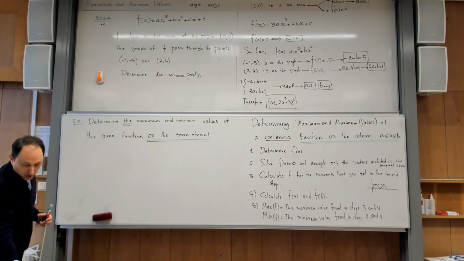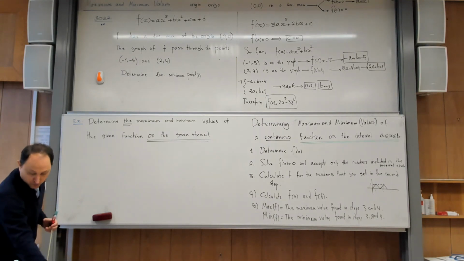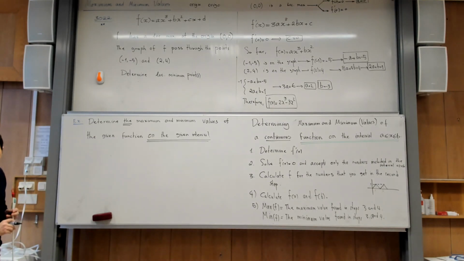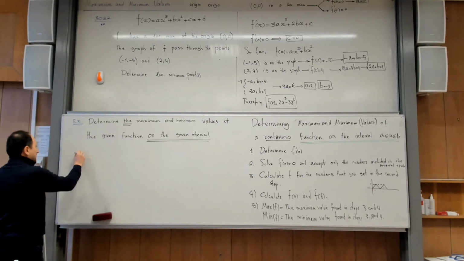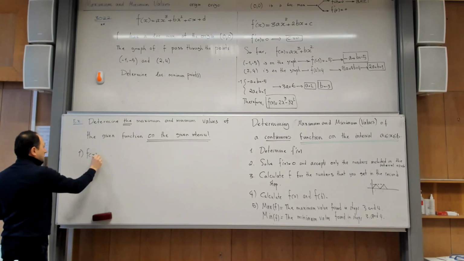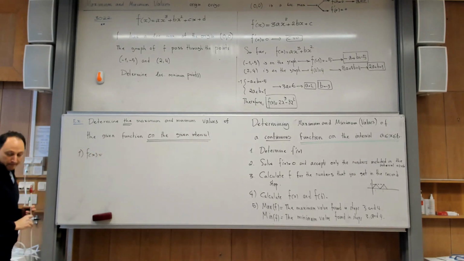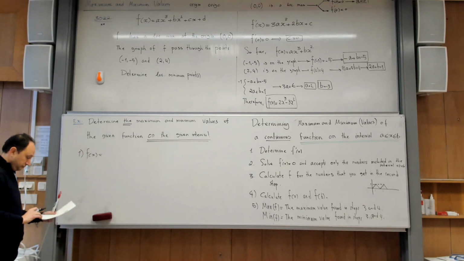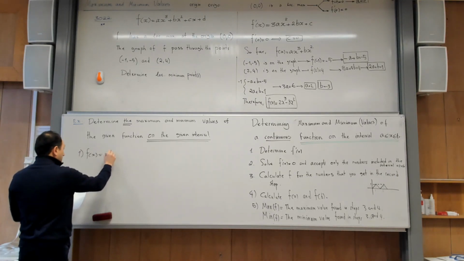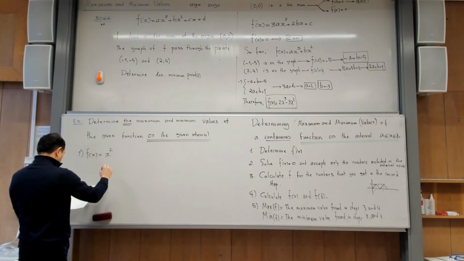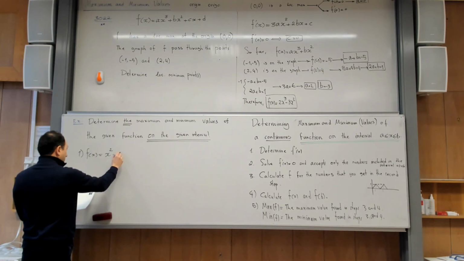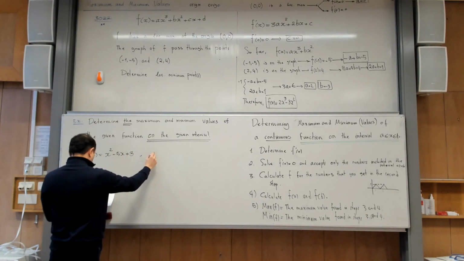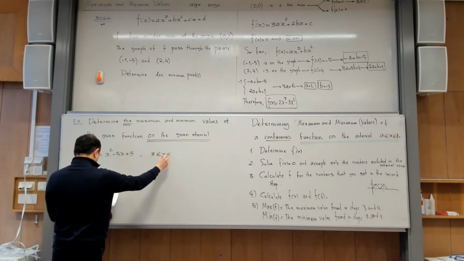So let me write an example here for you. Number 1, f of x is equal to x squared minus 5x plus 3, the interval is 3 less than or equal to x less than or equal to 6.